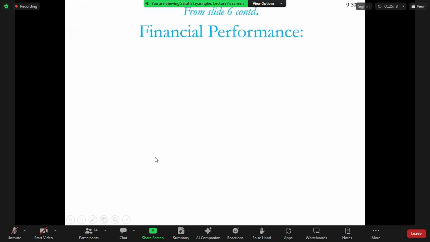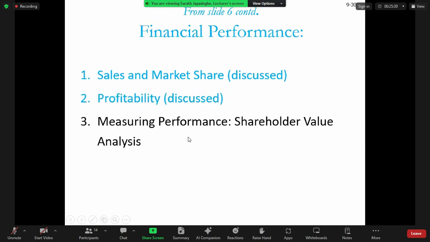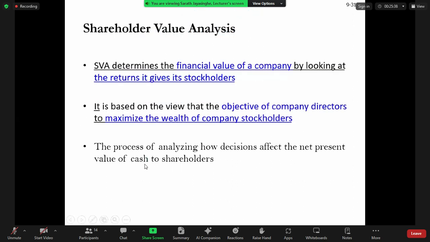So then financial performance, you can consider there are different financial performance, sales and market share. So we finished that, and then profitability we discussed, and then we are thinking about measuring performance, shareholder value analysis. Right? Now we are going to a new area. The process of analyzing how decisions affect the net present value of cash to shareholders. Right? Now we are thinking about shareholders, their value.